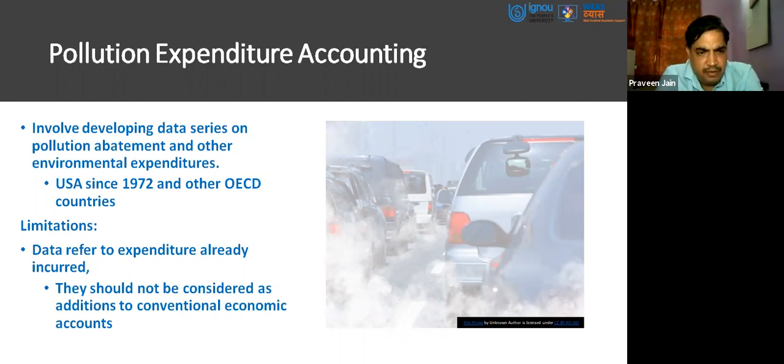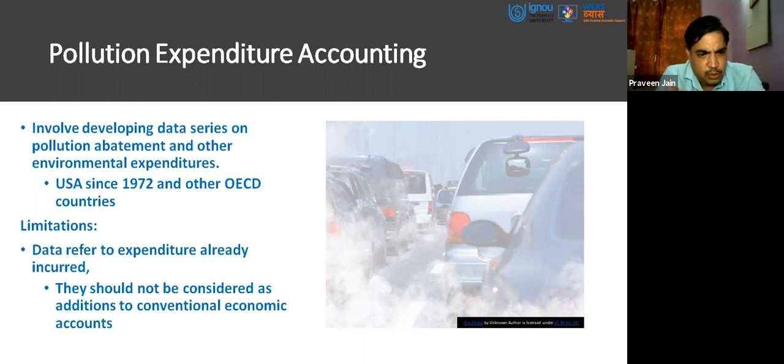So this method has limitations, like the data refer to expenditure already incurred. Whatever expenditure is being made on pollution abatement has already been included in the national system also.